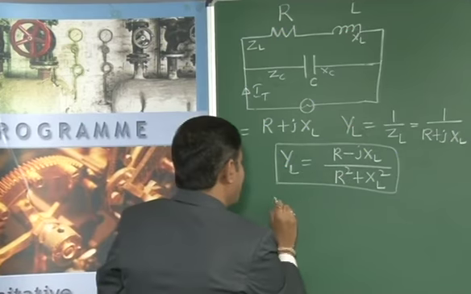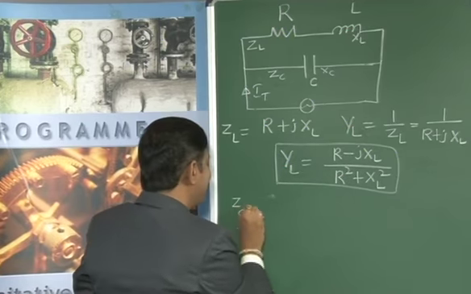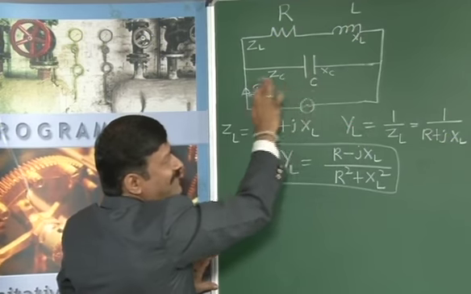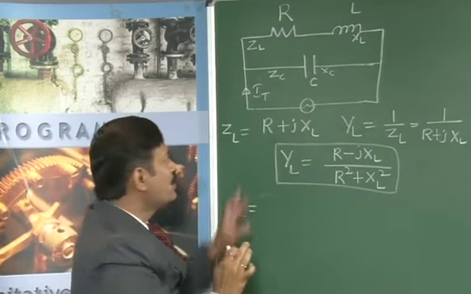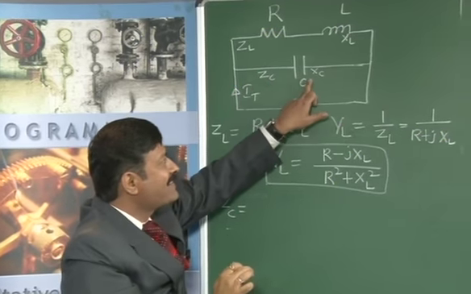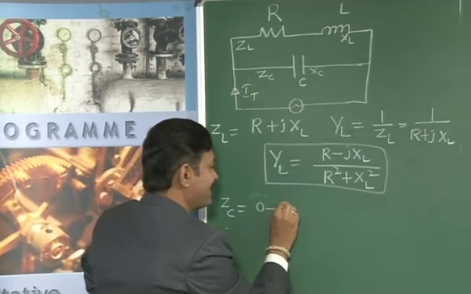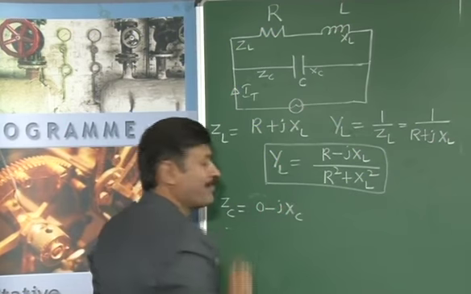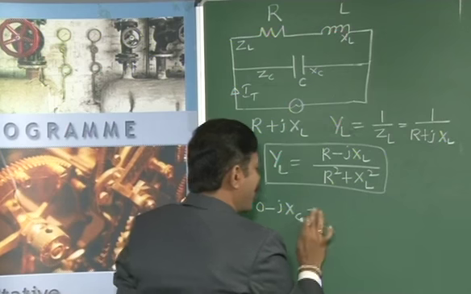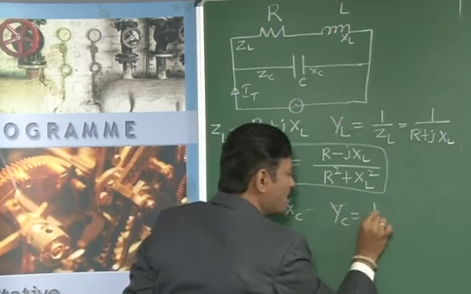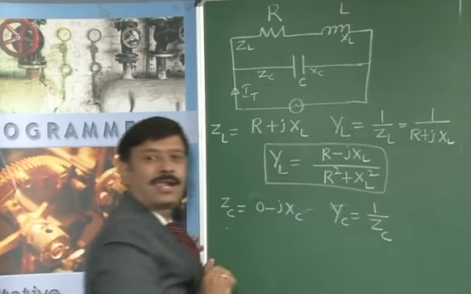Next, similarly, I will take ZC. There is no resistance in this branch, so resistance is 0 minus JXC. So, this is equal to 0 minus JXC. I want YC, this is equal to 1 by ZC.